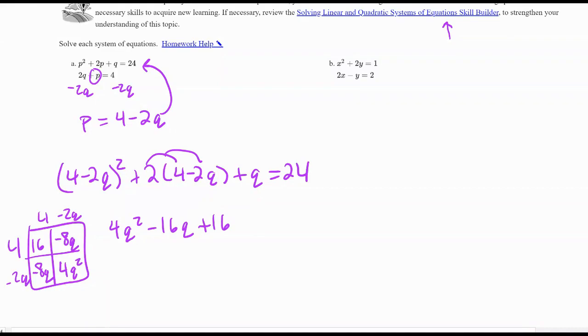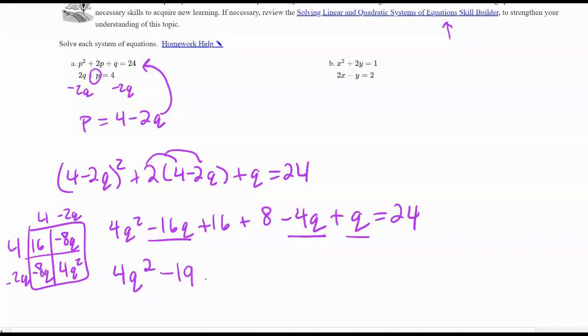I will also distribute that to get 8 minus 4Q plus Q equals 24. Lots of math in this one because I chose to solve for P, but now I'm just going to combine like terms. So I got 4Q squared, negative 19Q, and then plus 24 equals 24.